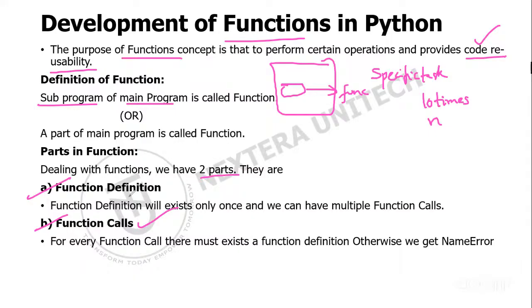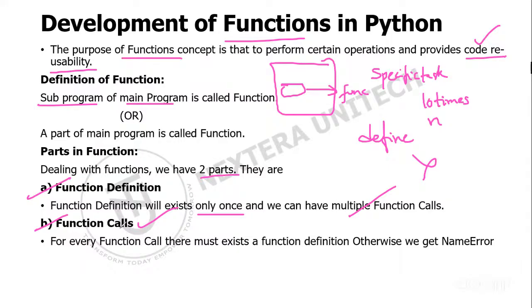So function definition will exist only once. Obviously, you have to define it once. Defining for n number of times is not required. But calling can be done multiple times upon your requirement. Whenever you want to use the function, you can call it.